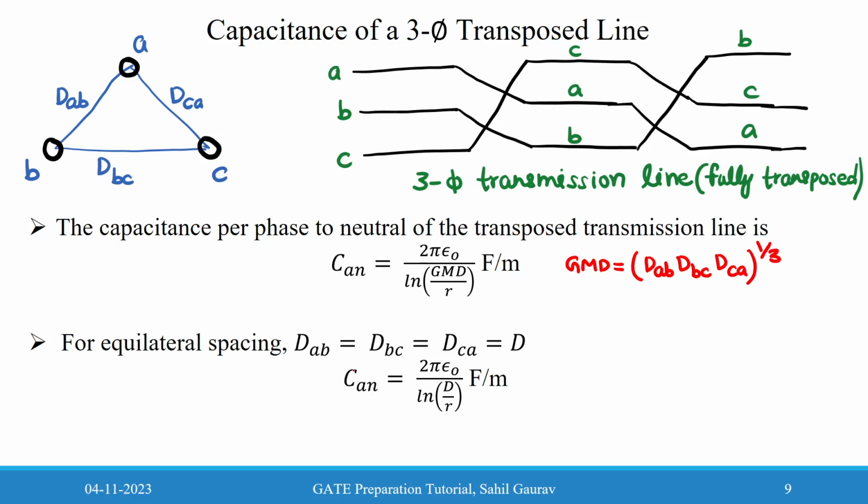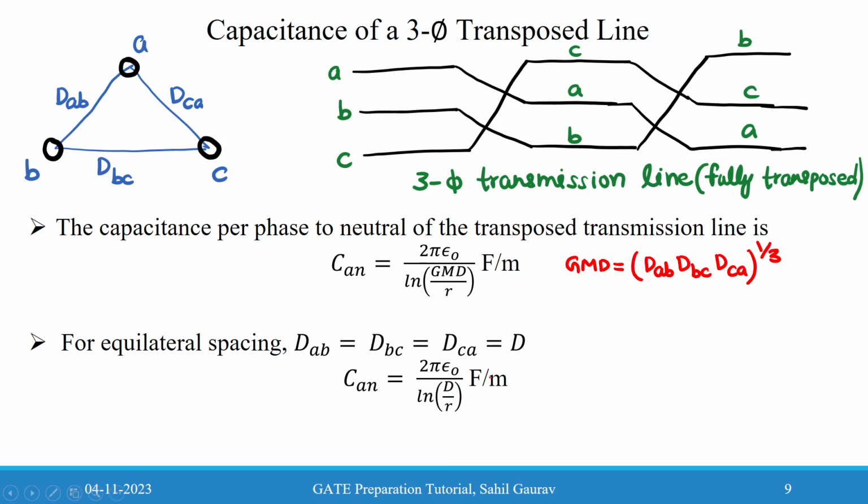Suppose these have equilateral spacing, that means DAB is equal to DBC is equal to DCA, and you can assume it as D. Therefore the capacitance per phase to neutral will have D in the place of GMD.